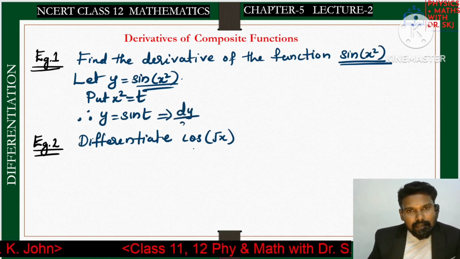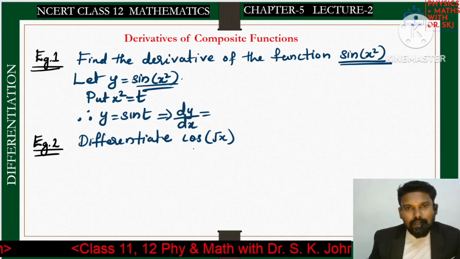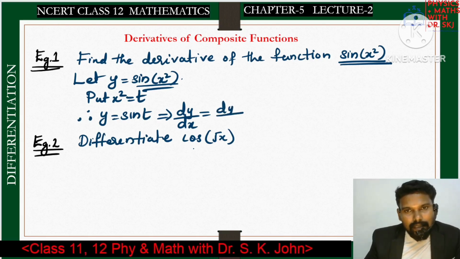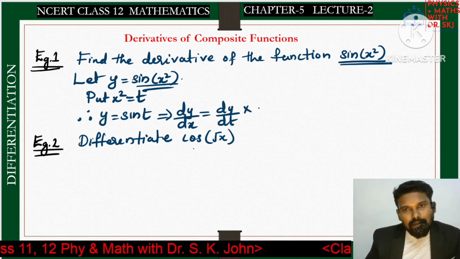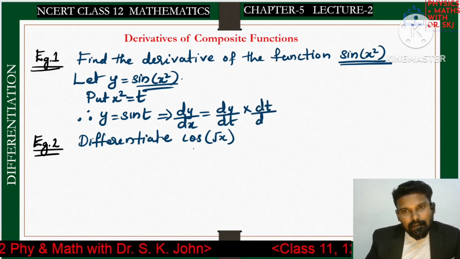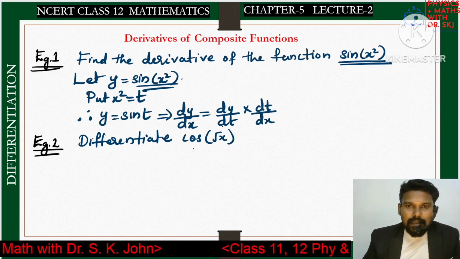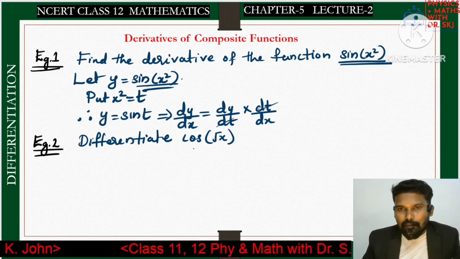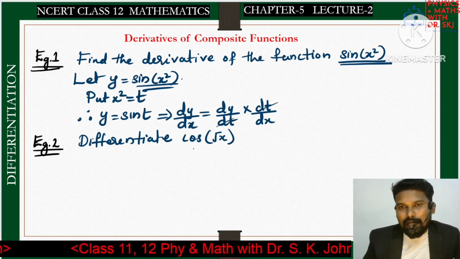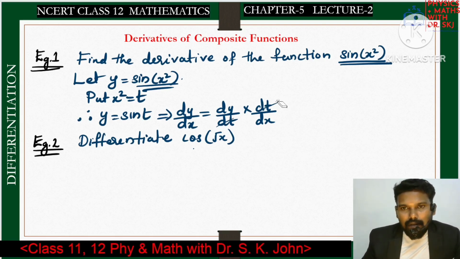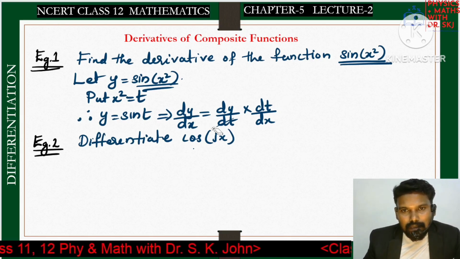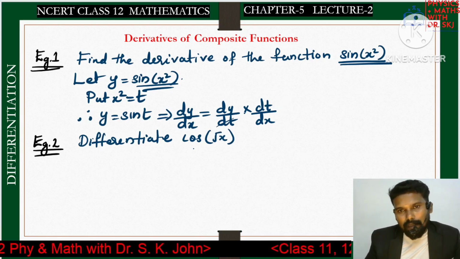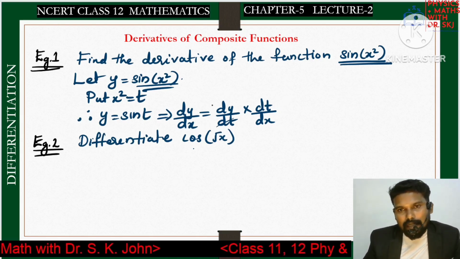Therefore dy by dx, the derivative of this function by chain rule, is dy by dt times dt by dx. You can see that in effect this dt will be cancelled. I'm not telling you to cancel this dt, but I'm trying to say that this is equivalent to dy by dx. If dt is cancelled, it is dy by dx.